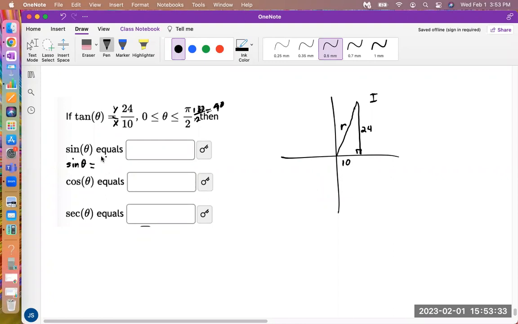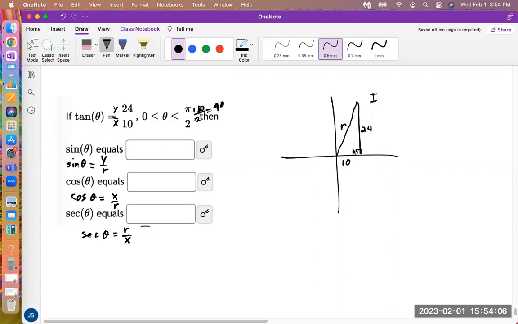Okay, so y over r, cosine x over r, and secant r over x. There we go. So that means I need to find this radius, since all three of these ratios require the radius. So I can just use the Pythagorean theorem.